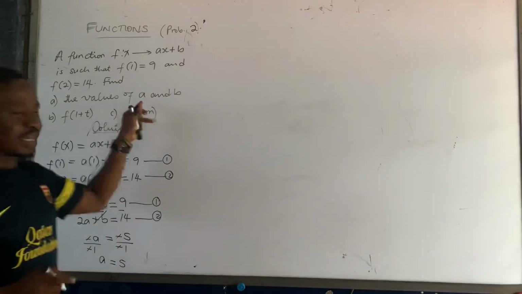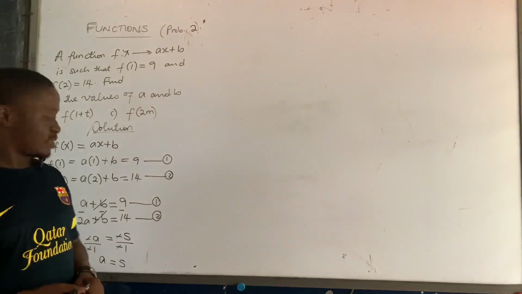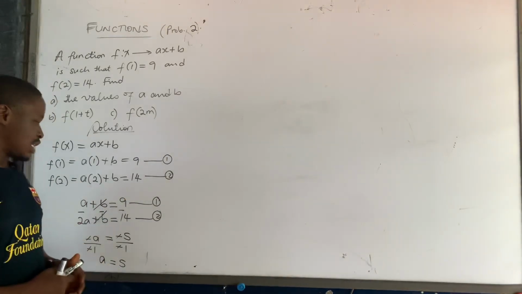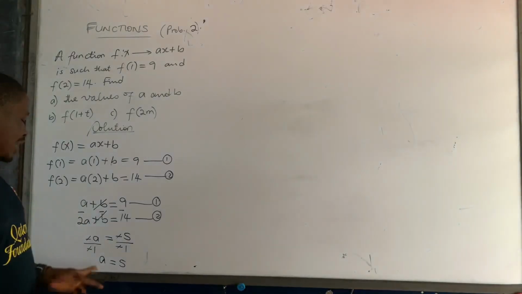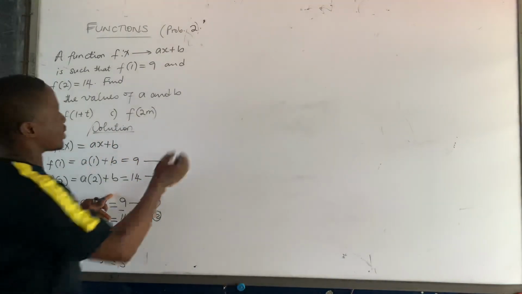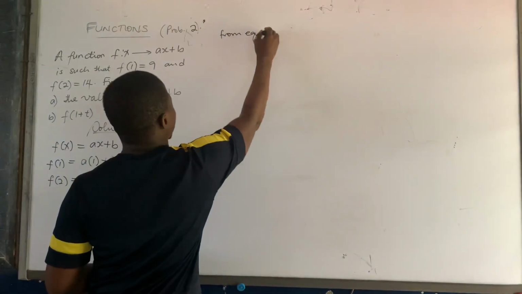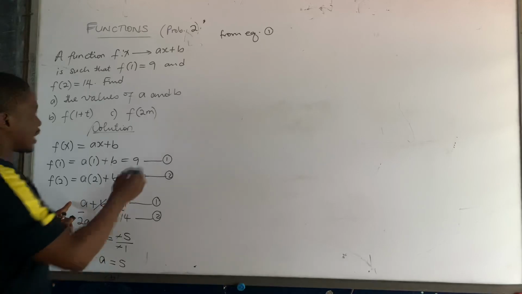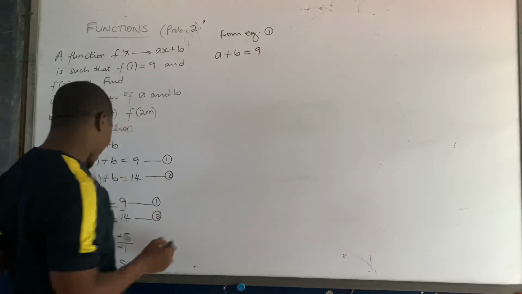We are not finding just a, we are finding a and b. So we can choose between the two equations, either 1 or 2, to find b. Let us use equation 1. Equation 1 says a plus b is equal to 9.